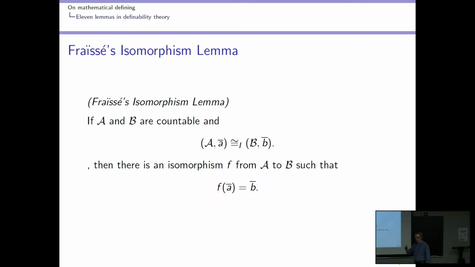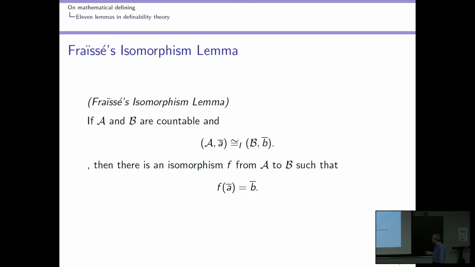But if you restrict the terms, if you say we will allow only finitely many applications of a function symbol, then you can have sort of a control also. Hodges deals with this case. But this isomorphism lemma does not require anything, so it holds for arbitrary signatures.